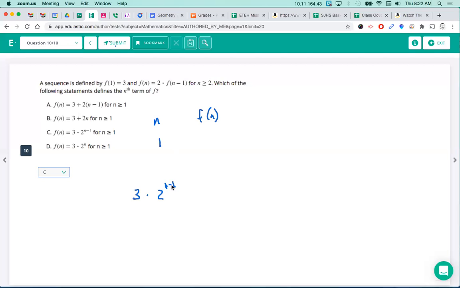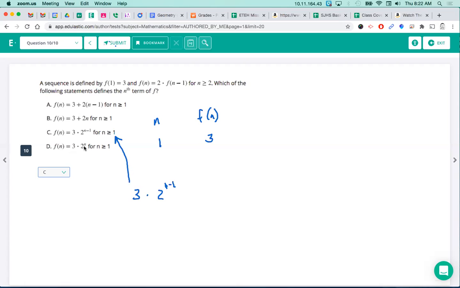Well, 1 minus 1 is 0. You could have a million to the 0 power, but anything to the 0 power equals 1. And 3 times 1 is 3. All right. This verifies that it works for this first one right here.